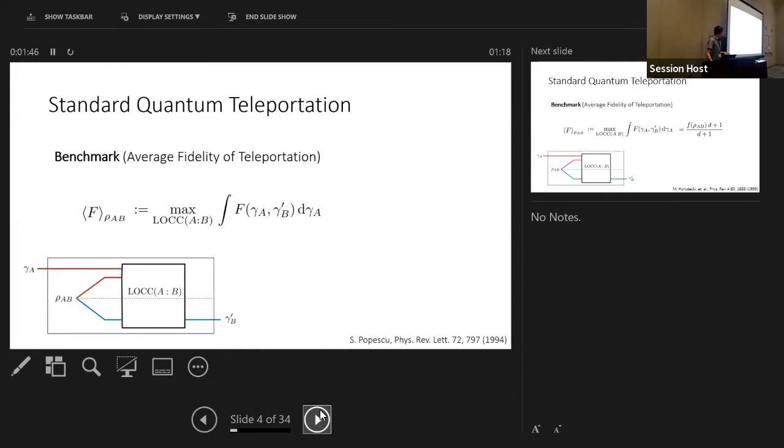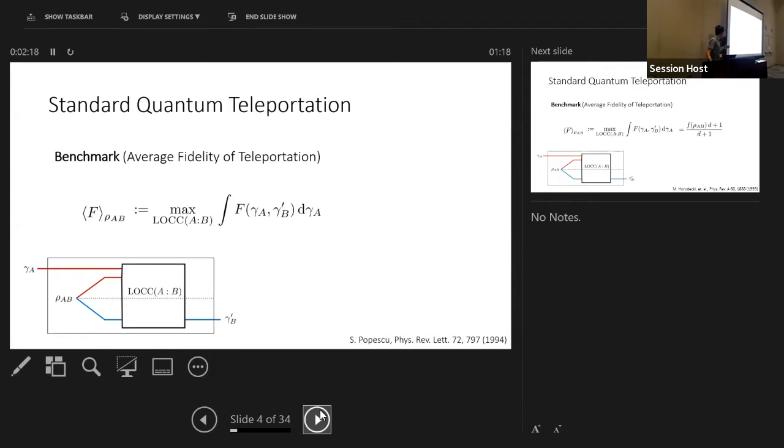We sample input states on Alice's side randomly, let's say according to her measure. We give one to Alice, she makes her measurement and sends the outcome to Bob, who then applies some correction operation. He may send back some communication to Alice, and they may play this game as long as the final state in Bob's lab is close to the state to be teleported.